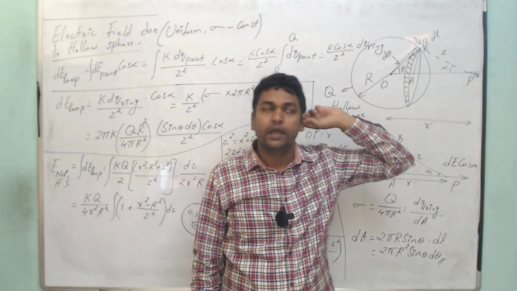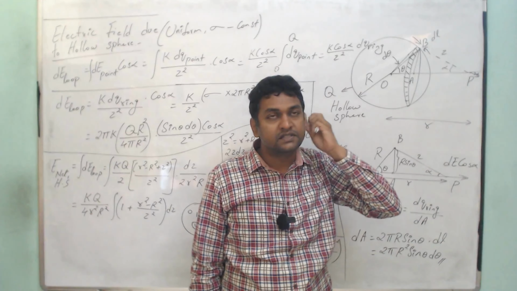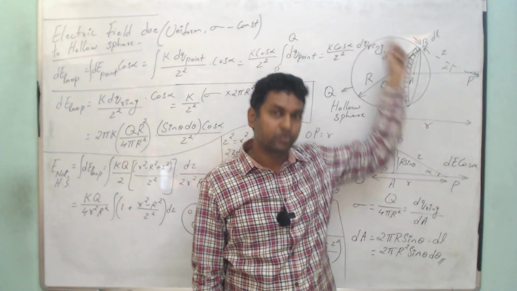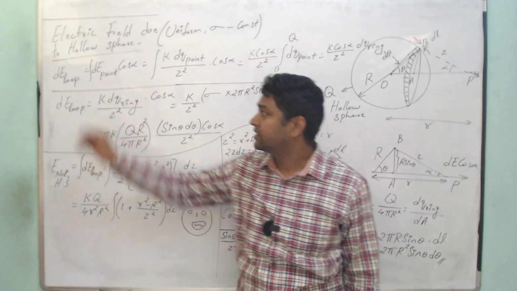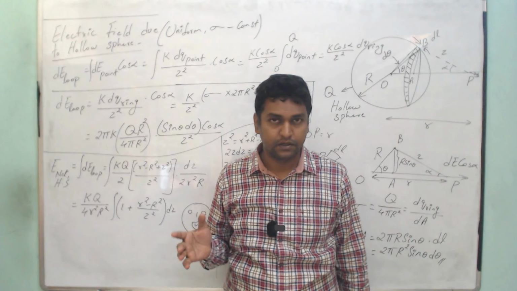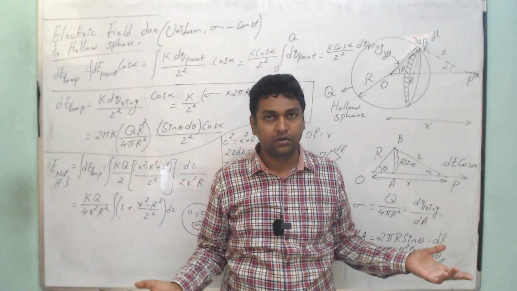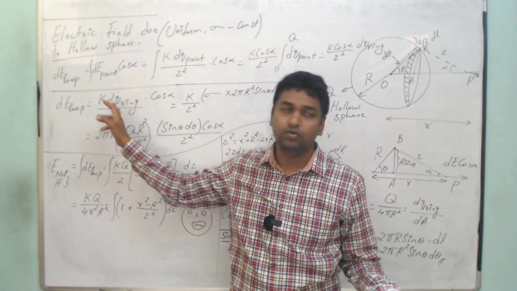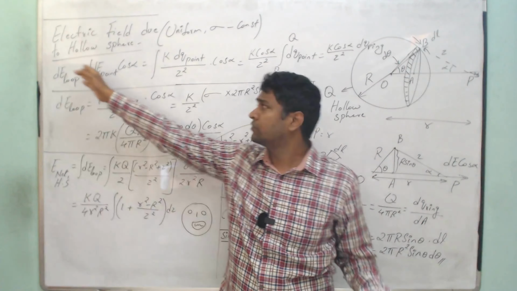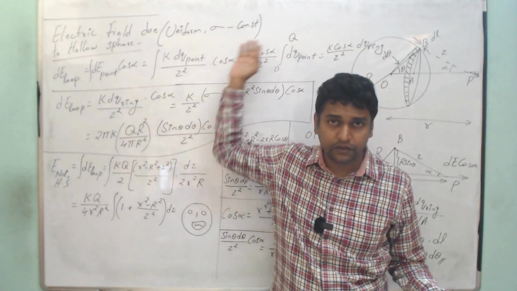And what is the electric field due to the loop? Magnitude is the same due to the loop. So I will write k dq of loop divided by z square as the magnitude. This dq of loop or ring is nothing but the integral of dq of each point.